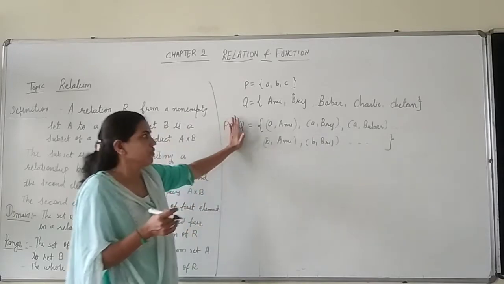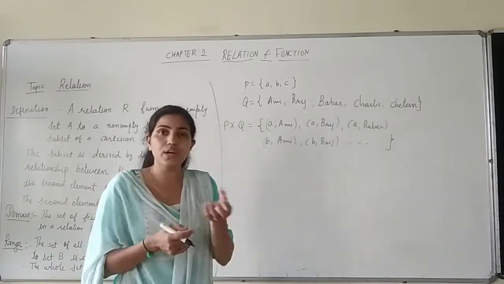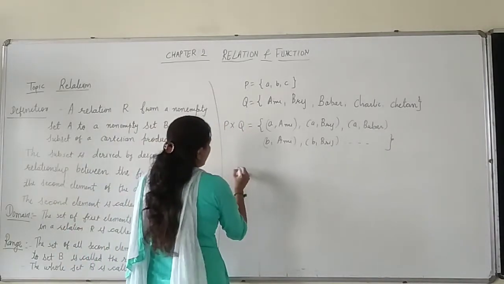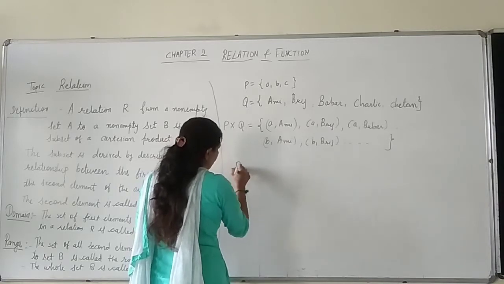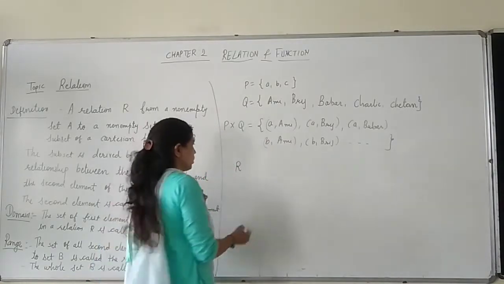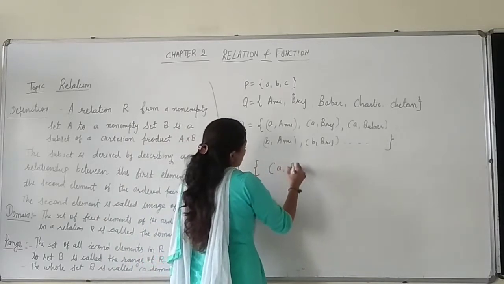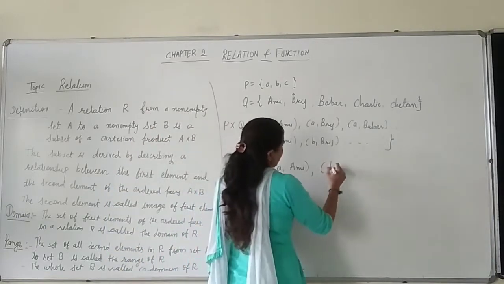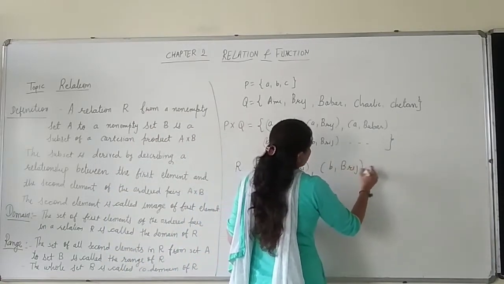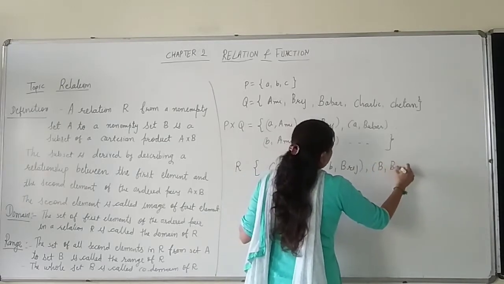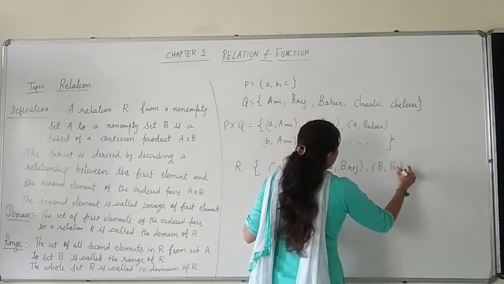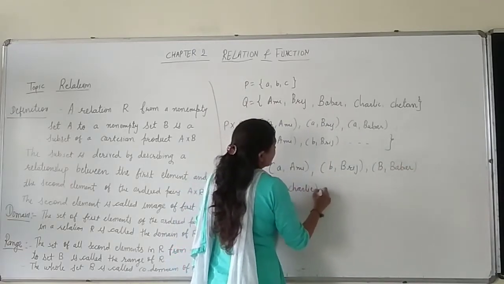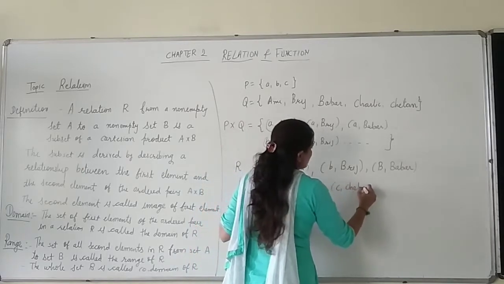Now we are not writing all the elements, we are taking a subset of this. We are considering a subset and writing it as R, that is a relation. See how I wrote R: A, Ami is one element, then B, Bridge, B, Babar, then C, Charlie and C, Chetan.